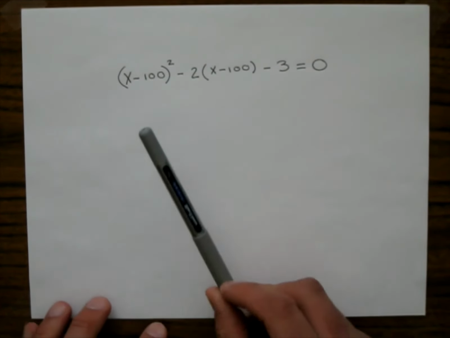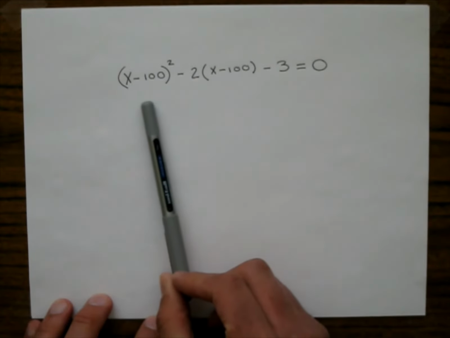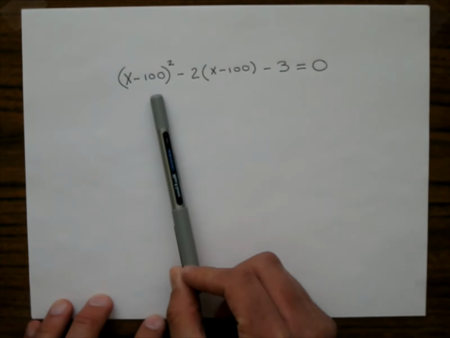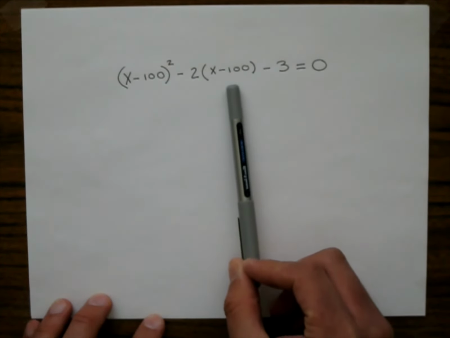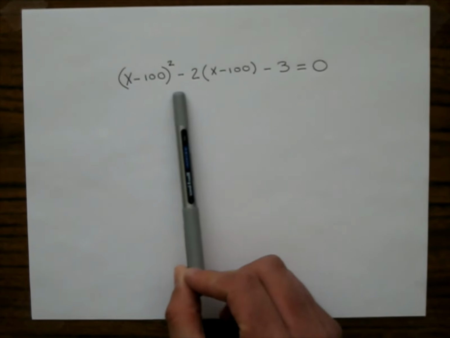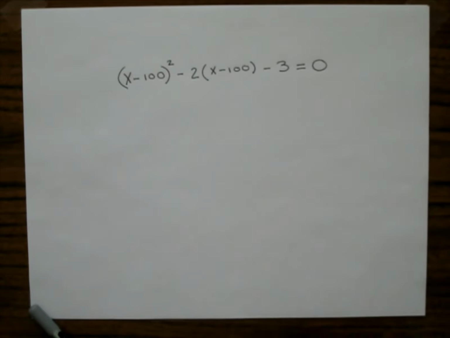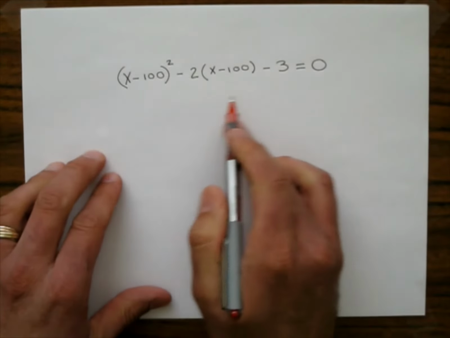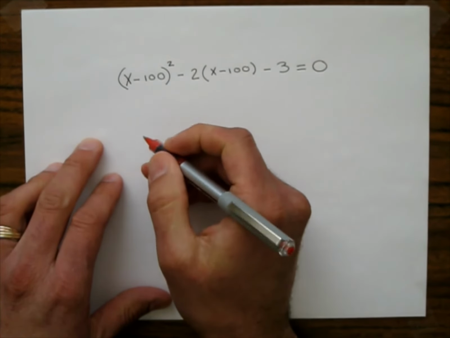Like we have this equation here, and this equation has an x minus 100 there and an x minus 100 there. Now, it's true that I could multiply this out, and I'm not going to do that, but I'm going to show you what you get if you multiply it out.